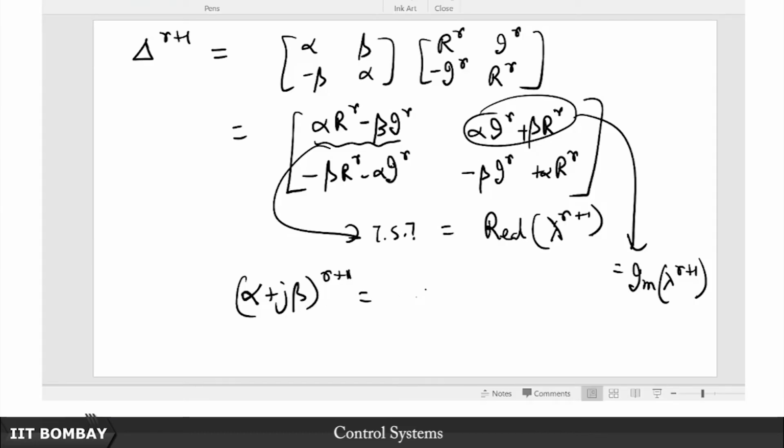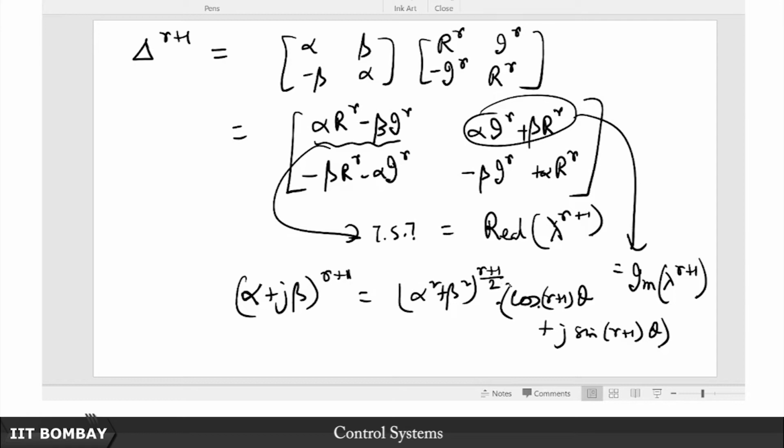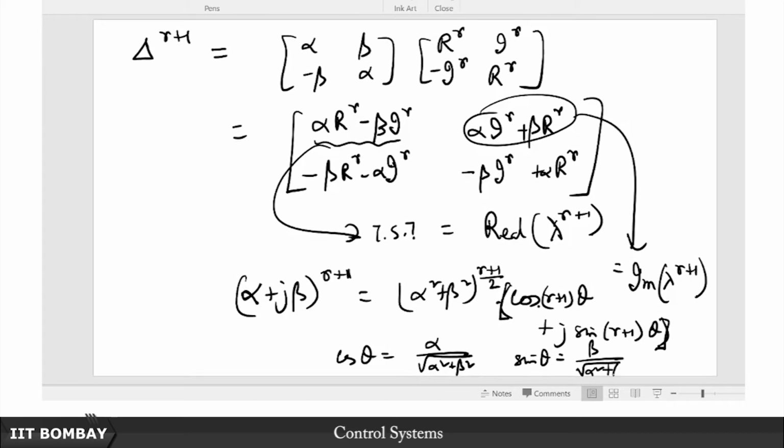This is nothing but alpha squared plus beta squared to the power r plus 1 by 2, times cos of r plus 1 theta plus j sine of r plus 1 theta, where cos theta is equal to alpha by square root of alpha squared plus beta squared, and sine theta is equal to beta by square root of alpha squared plus beta squared.